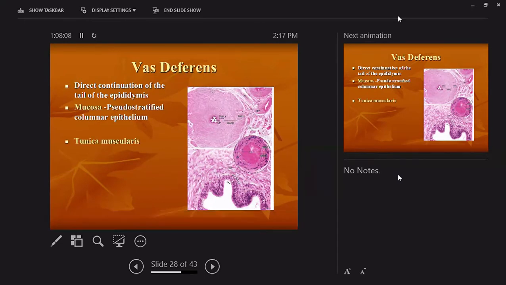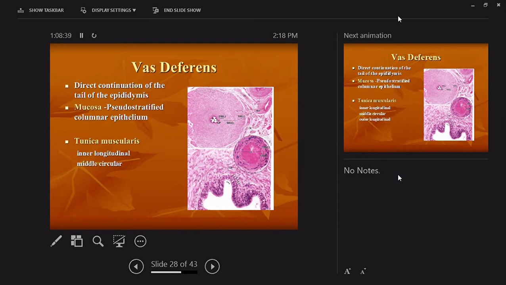The tunica muscularis, as I've said, you have the inner longitudinal. Okay, that's the one that is near the lumen in the picture. Okay, inner longitudinal. And then you have your middle circular, SMC, in the first picture.